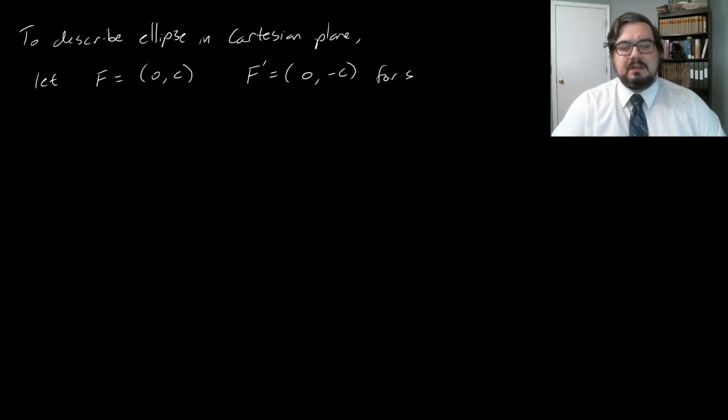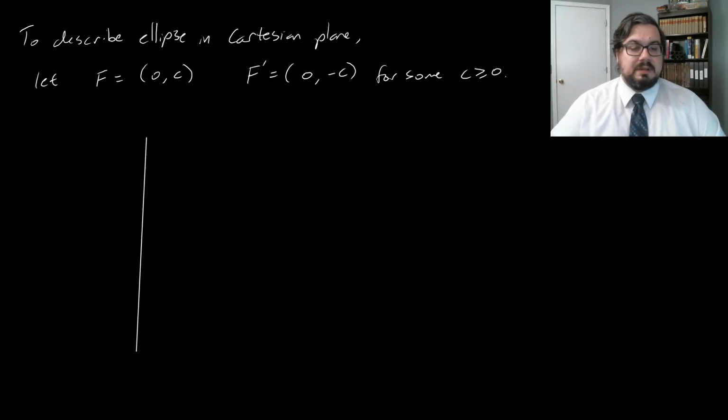All right, so to describe an ellipse in the Cartesian plane, let's let F be the point (0, c), and F prime be the point (0, -c) for some number c greater than or equal to 0.